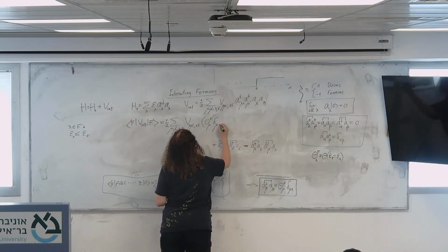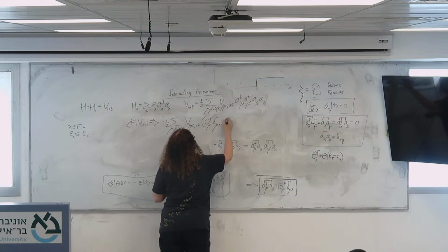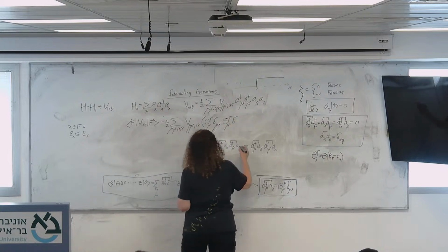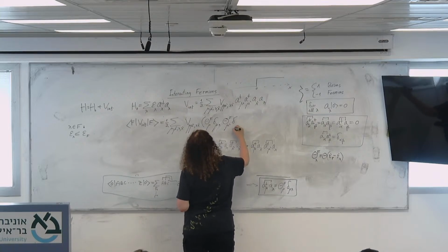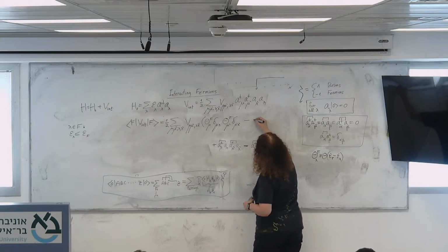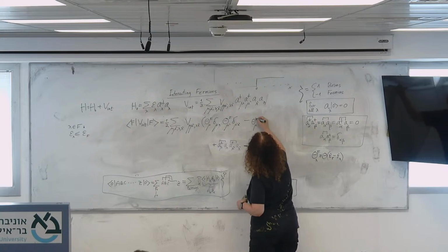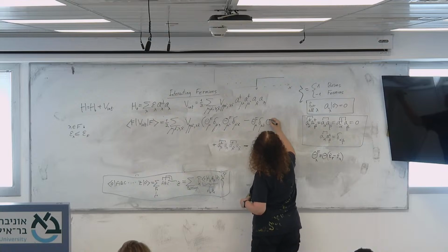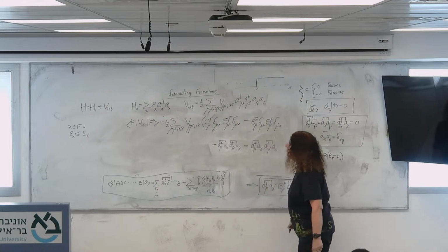Copy from here. Times theta of mu prime delta of mu prime lambda prime, okay, minus theta of mu delta mu lambda prime and theta mu prime delta of mu prime and lambda, okay?